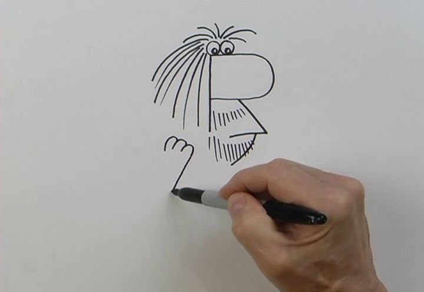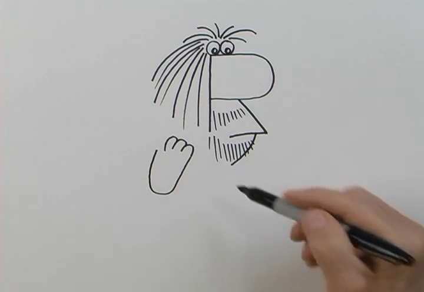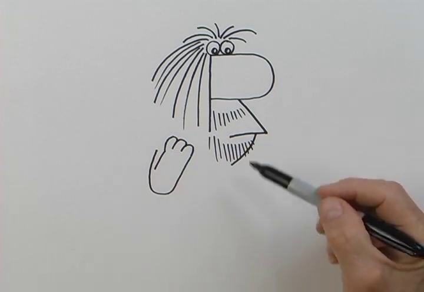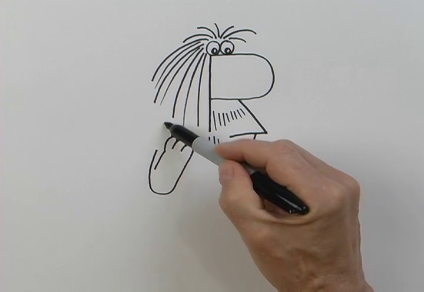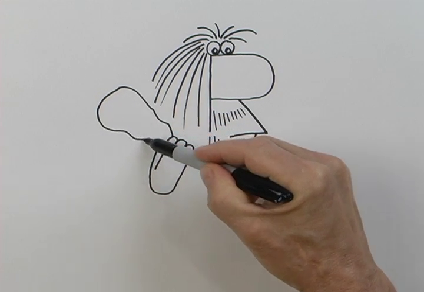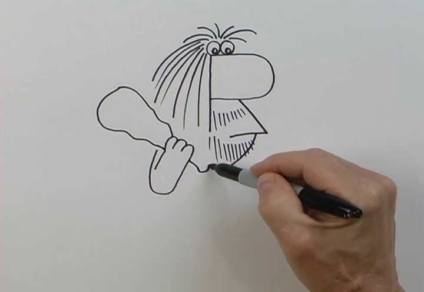Bring that line down and over. That's his elbow. And starting right here, bring this line down. So there's his arm bent, and he's holding a club. And a regular wavy line for his club. Now where it's hanging out beyond his fingers, that's the end of the club.